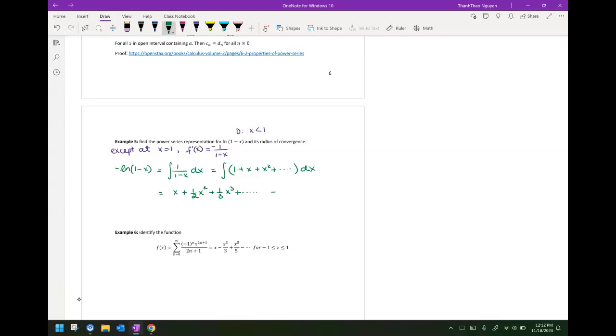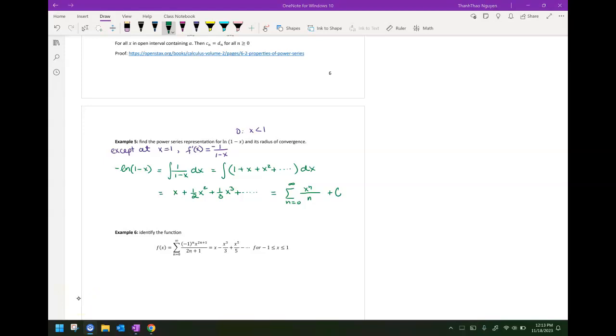Similarly, this is the sum from n equal to 1 to infinity of x to the n divided by n, plus c. But the function that we have in question was ln of 1 minus x, not negative ln of 1 minus x. So to solve that problem, we multiply both sides by negative 1. And we also need to figure out what happened at c.